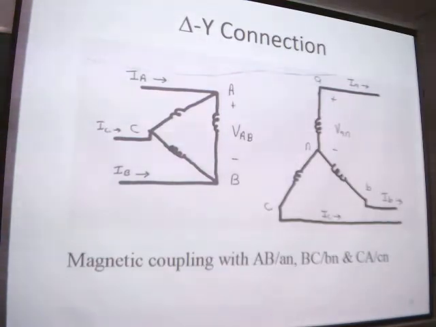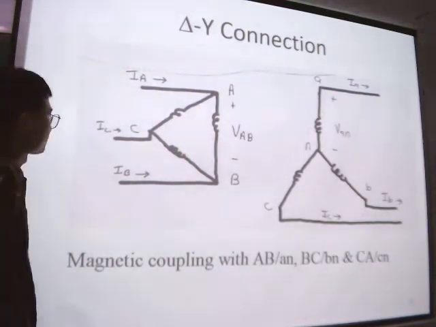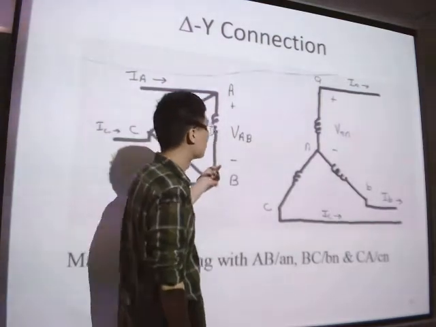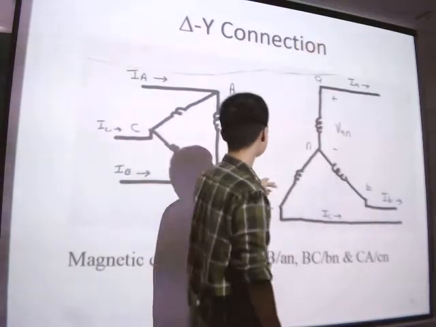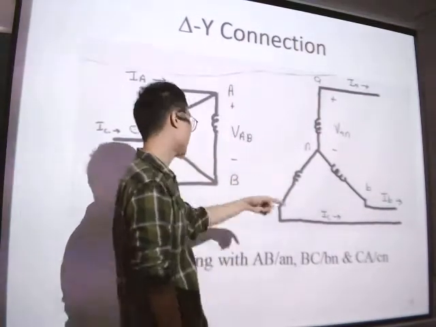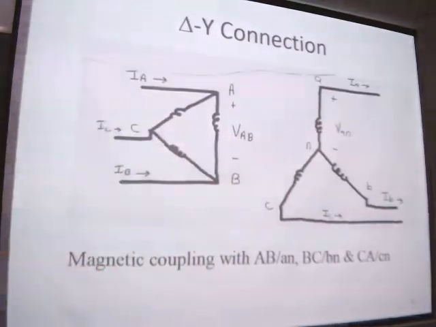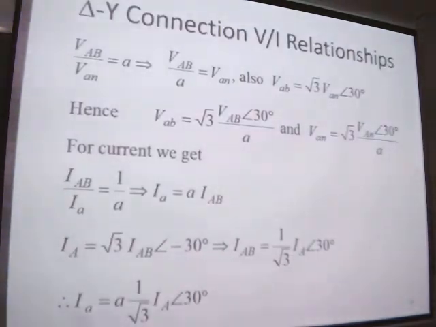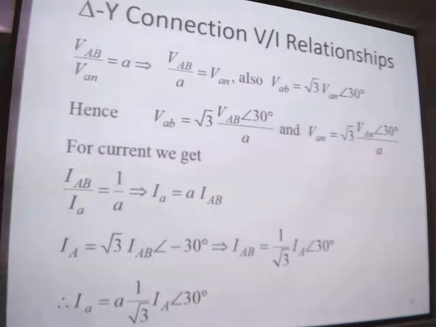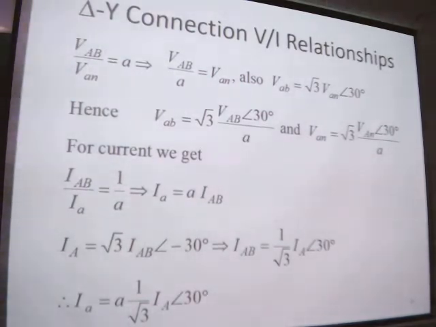Third, delta to Y connection. AB to AN, AC to CN, BC to BN, right? So in this case, VAB divided by VAN, right?